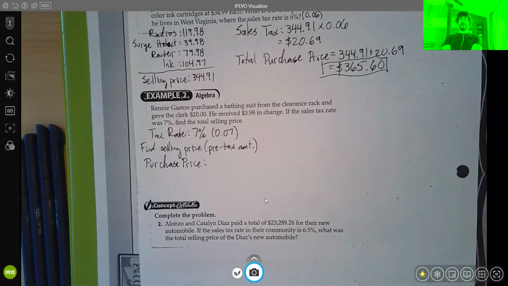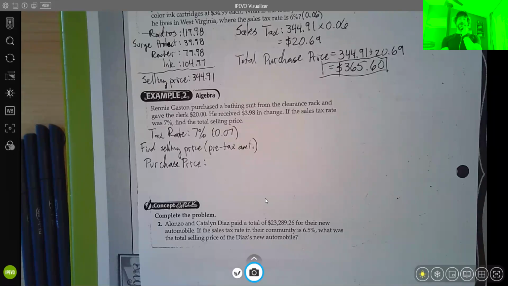How much did he pay for that swimsuit, including tax? Type it in if you think you know it. I'll give you a clue.